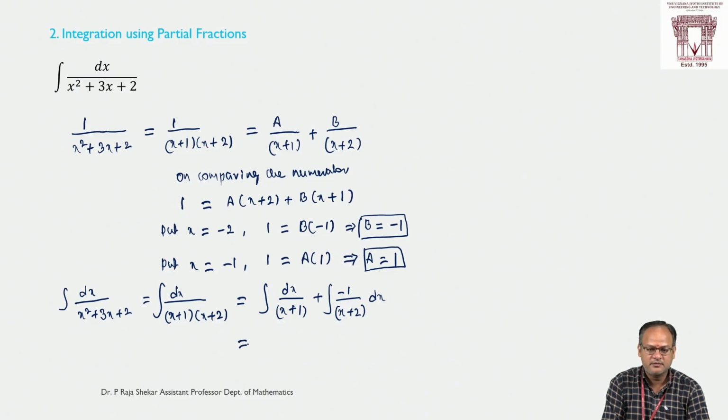As both are in terms of 1 by x form, the integration of 1 by x is log x, so we get log of x plus 1, plus into minus, minus log of x plus 2, plus some constant c. You may leave it like this, but otherwise we could write log m minus log n as log m by n. That is, log of x plus 1 divided by x plus 2 plus some constant c.